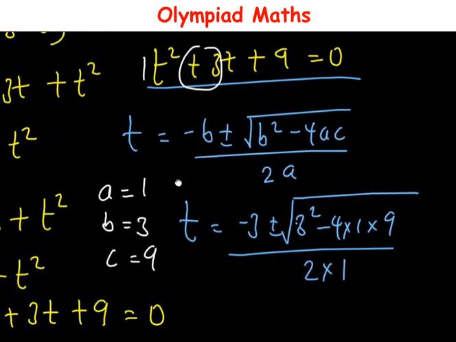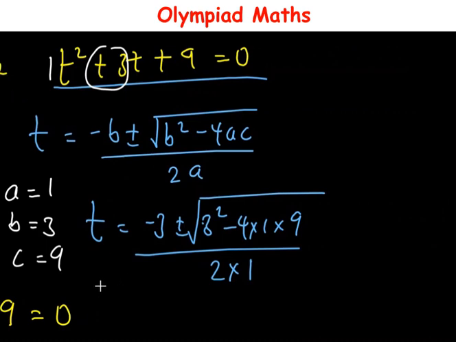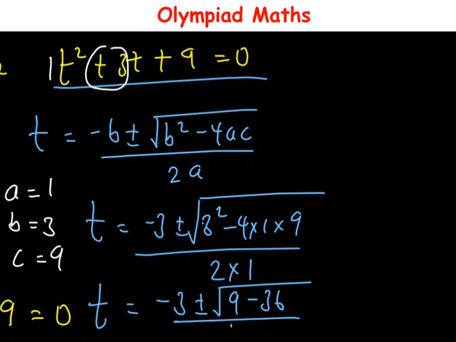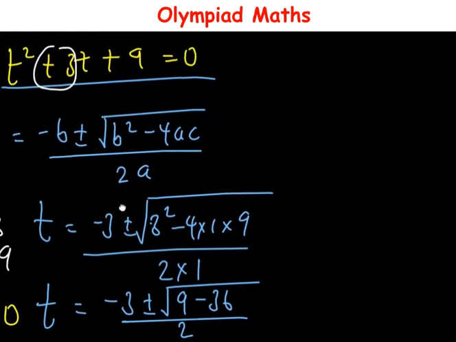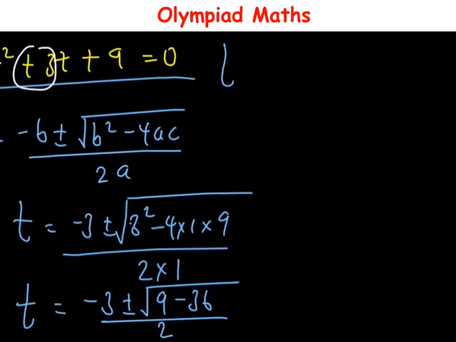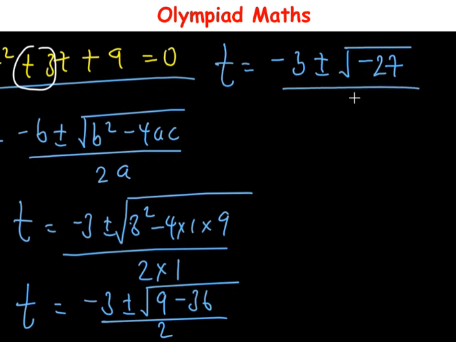So with this, the value of t is equal to minus 3 plus or minus square root of 3 squared is 9, minus 4 times 9 is 36, all over 2 times 1 is 2. So t is equal to minus 3 plus or minus square root of 9 minus 36 is minus 27, all over 2.